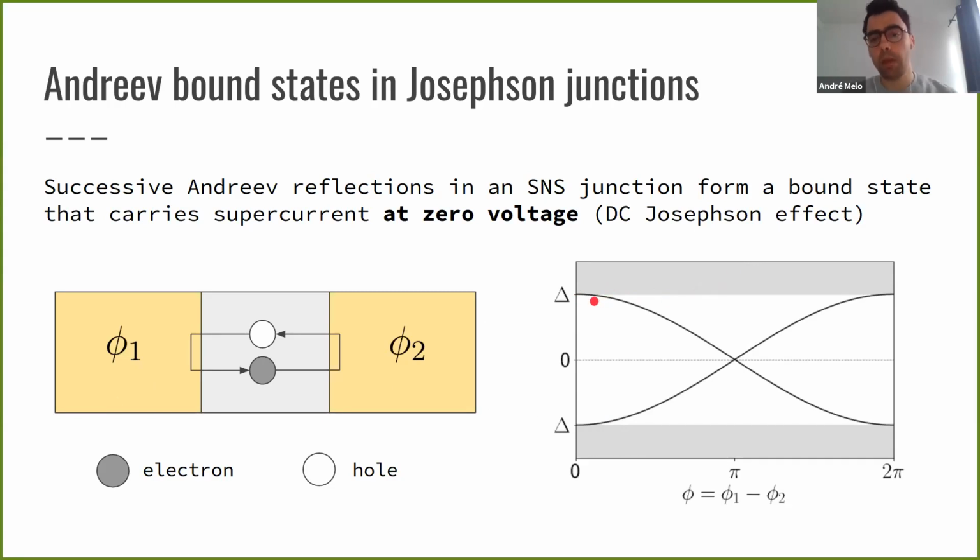Below the gap, I have this special subgap state, this Andreev bound state, that disperses with the phase difference. And the special thing about this state is that it can actually carry DC supercurrent across superconducting terminals. Because remember that each of these processes is transferring charge from one place to another. So this is known as the DC Josephson effect. It's a very famous and important effect in these junctions.